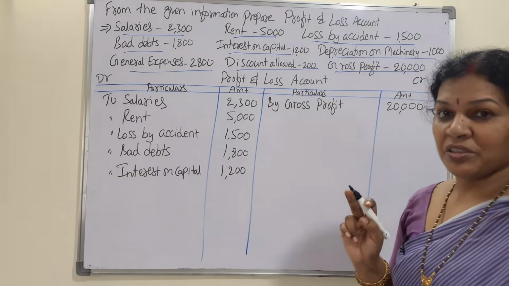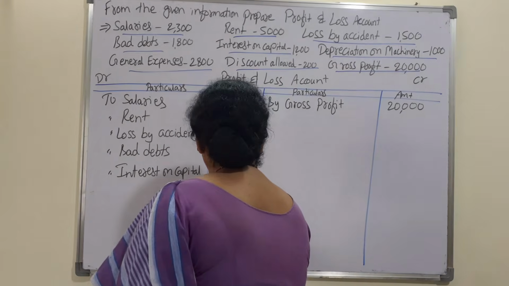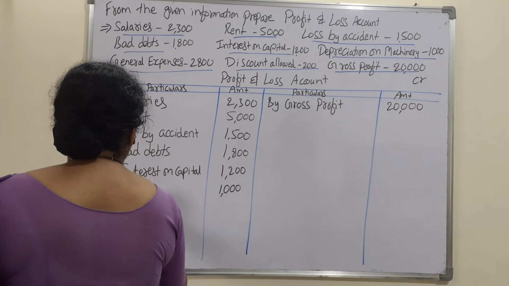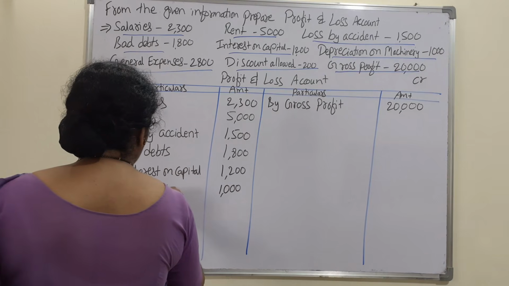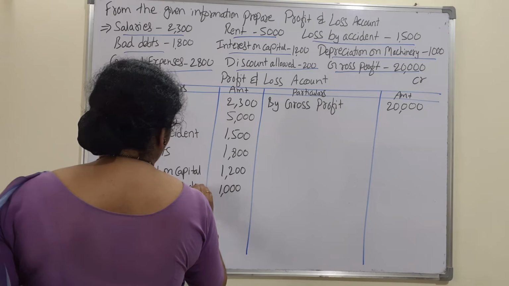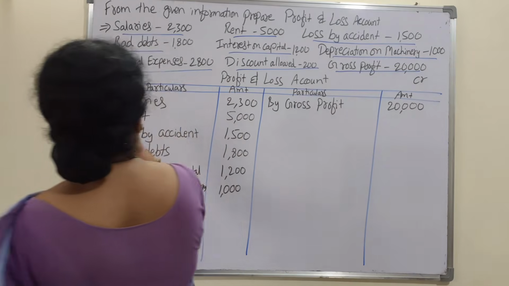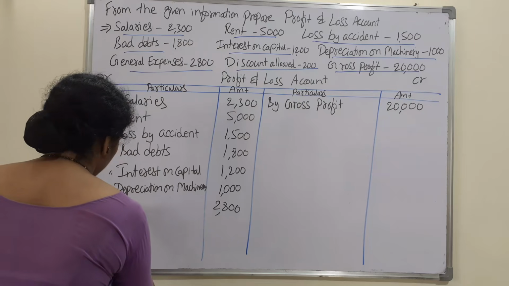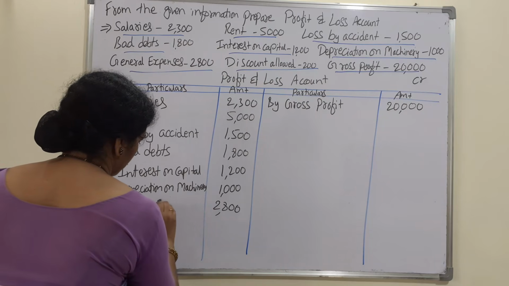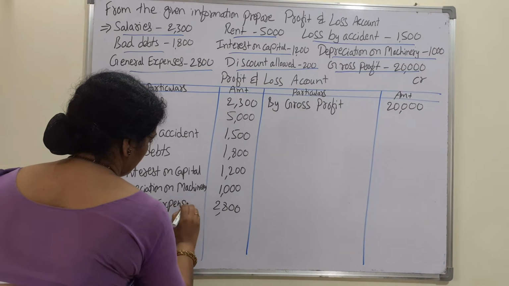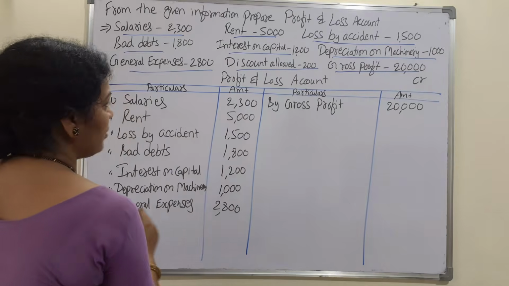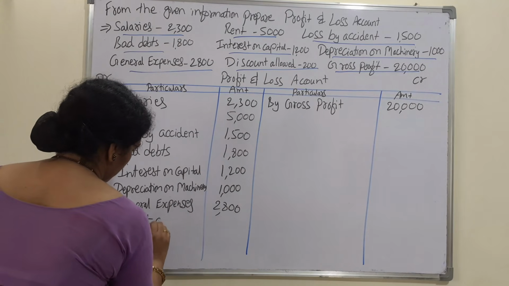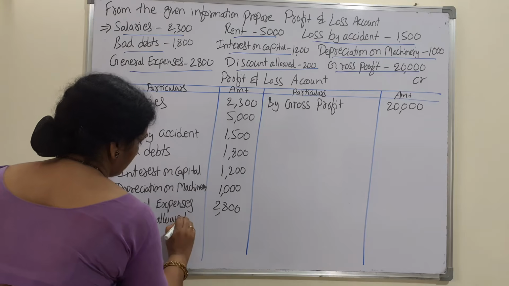Then depreciation on machinery, it is also a loss, 1,000. To depreciation on machinery. Next, general expenses 2,800, that is also indirect expenses. Discount allowed is a loss. Discount allowed 200.